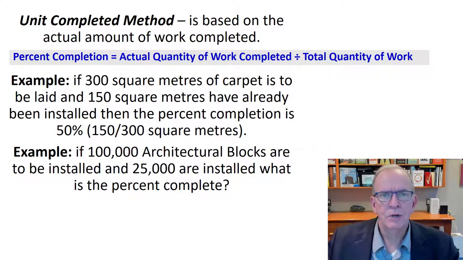If it's something that you can measure by units, and there are a lot of ways of measuring units. You could measure units by blocks, by bricks, by square feet, by cubic meters, like concrete, carpeting, flooring, roofing materials, etc. If we had a particular amount of square meters of carpet that's supposed to be laid, then we could measure how much has been laid, and that would give us the amount or percentage we have completed.